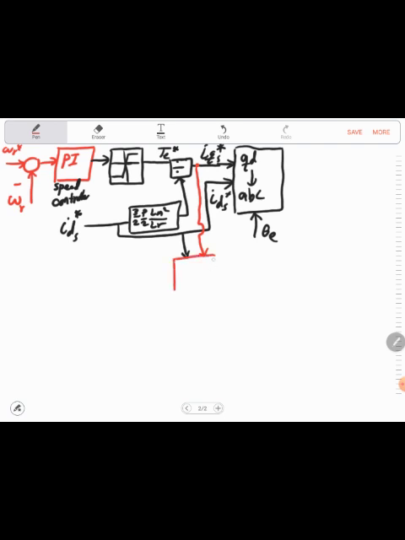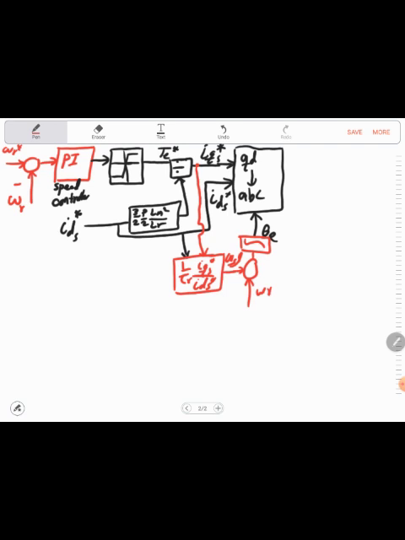And here we can calculate omega slip, which will equal 1 over tau r IQS star over IDS star. And this will give us omega slip, which will be added to omega r. Now, if we integrate it here, we get theta E.